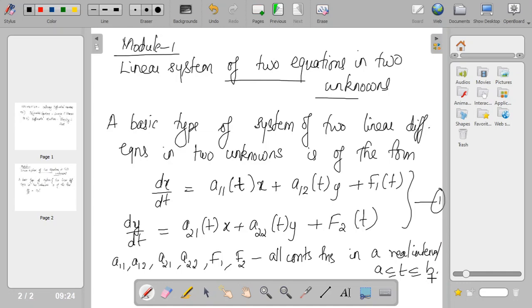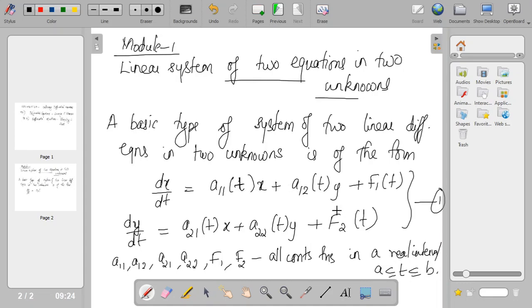So this is the definition of a basic type of system of two linear differential equations in two unknowns. It is of the form dx/dt = a11 x + a12 y + f1(t), then dy/dt = a21 x + a22 y + f2(t).